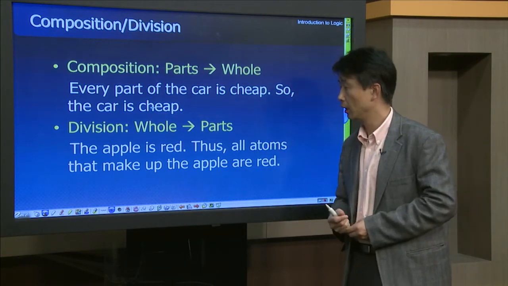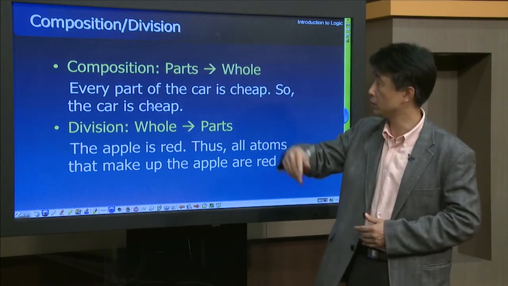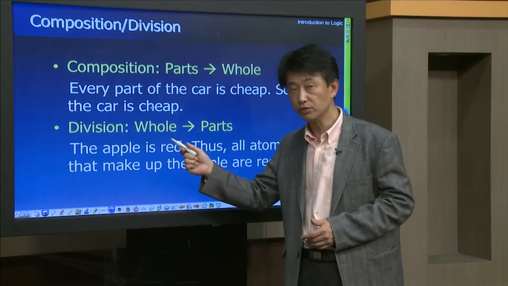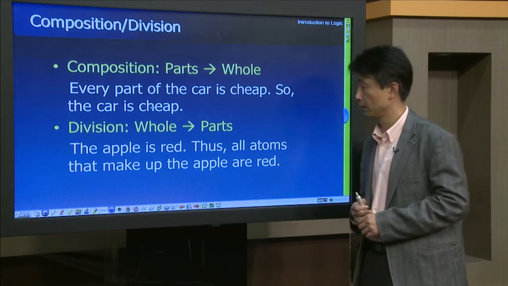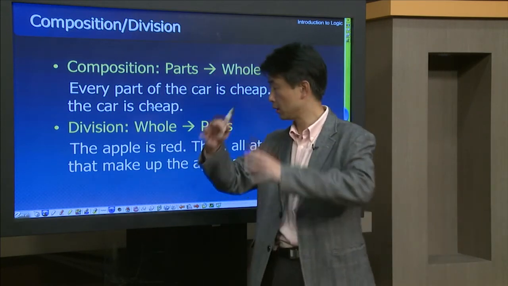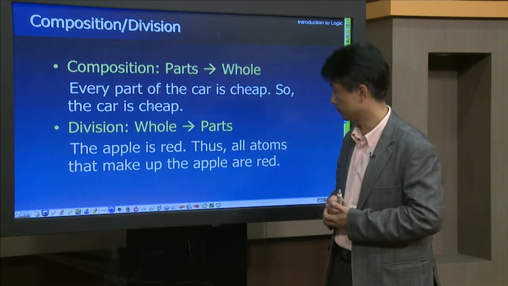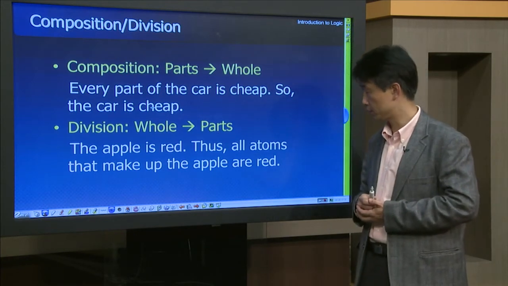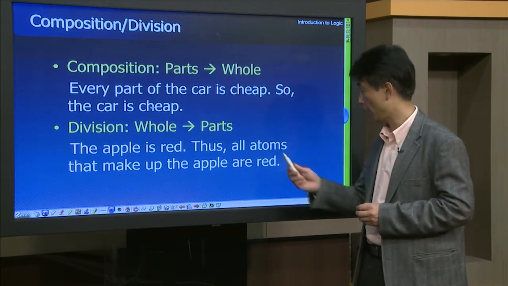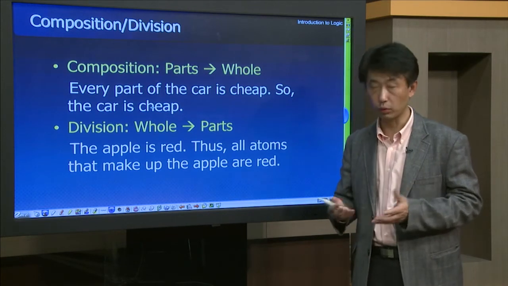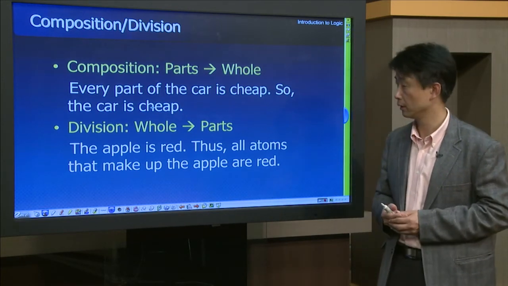Division goes the opposite direction, when you move from the whole to parts. For example, the apple, the whole, is red. Thus, all atoms that make up the apple are red. That's not true. An atom is too small to see.